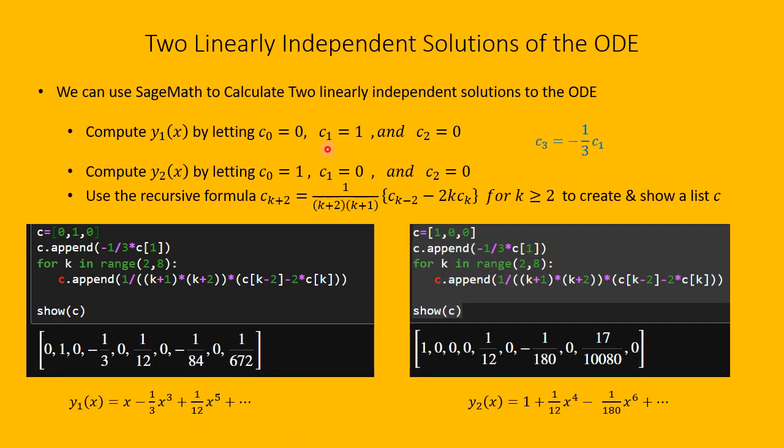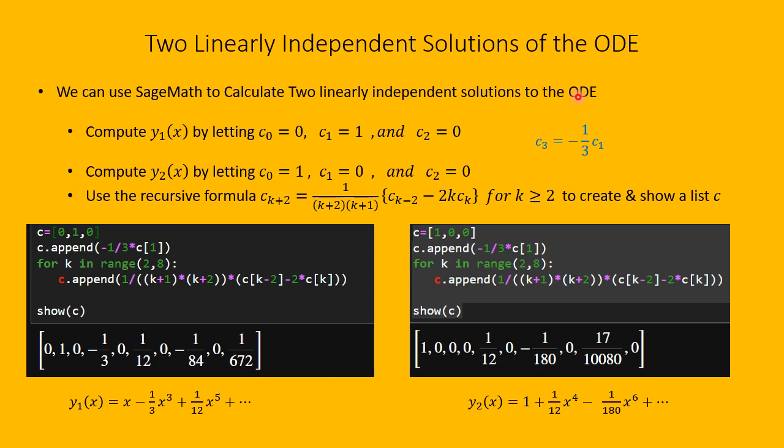So we can use Sage Math to calculate two linearly independent solutions to the ordinary differential equation. We found before that we can let C naught and C sub 1 equal anything.